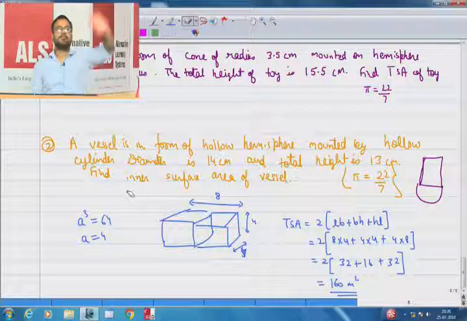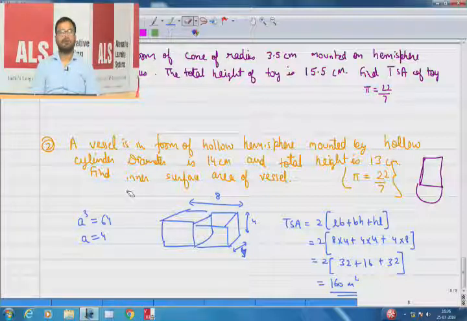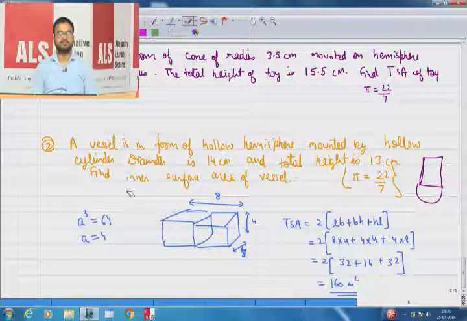Shillong Center, are you able to do the second question or you need help? And all the other centers, please respond regarding question number 2.